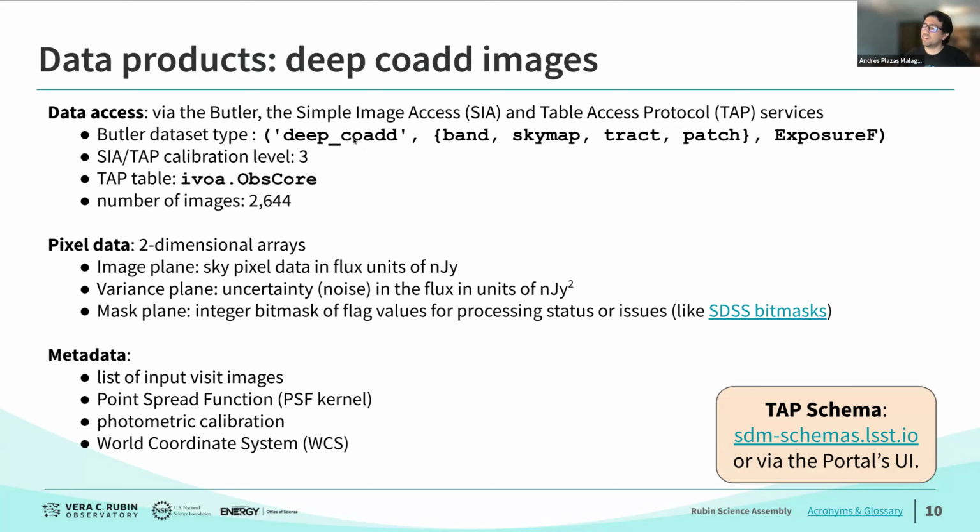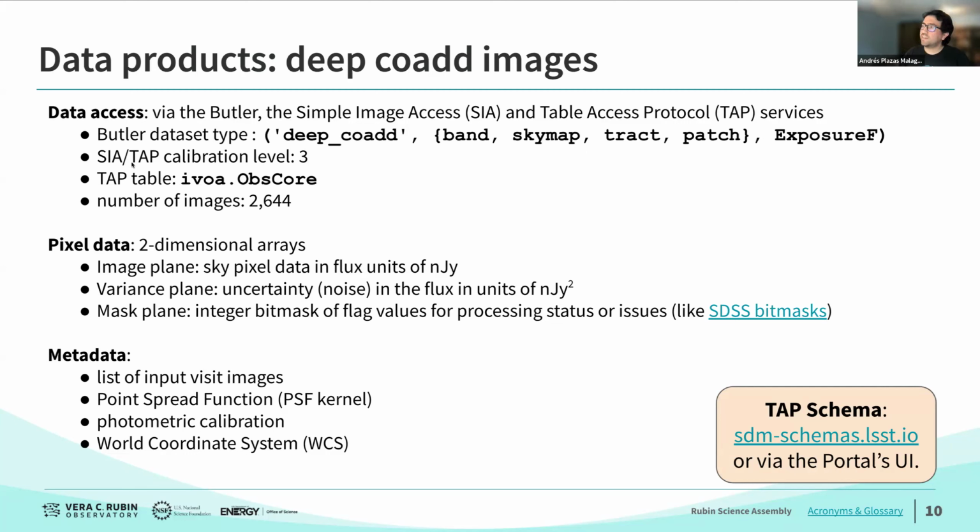For the Butler, you need to give it the minimum amount of information in order to retrieve a deep coadd. You give it the name of the data product, and then the photometric band, the sky map, the tract, and the patch.